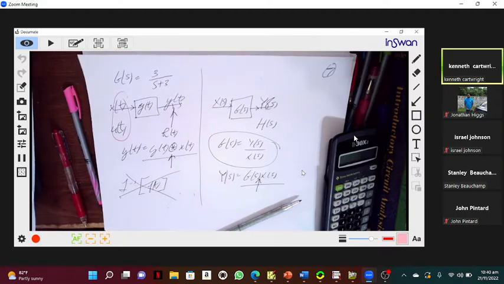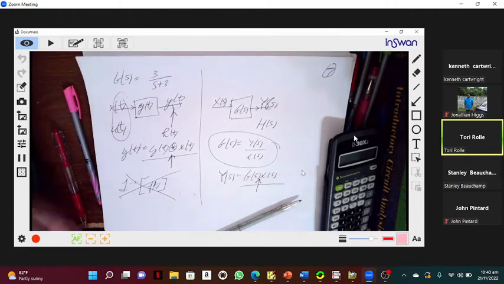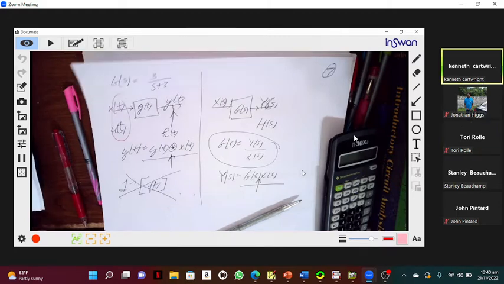So what is X of S then? Y of S is G of S times X of S. X of T is a step function, so what is X of S?